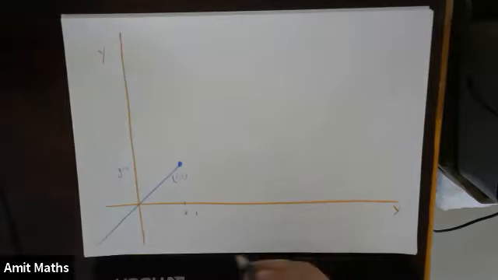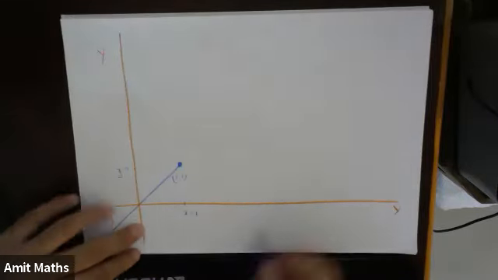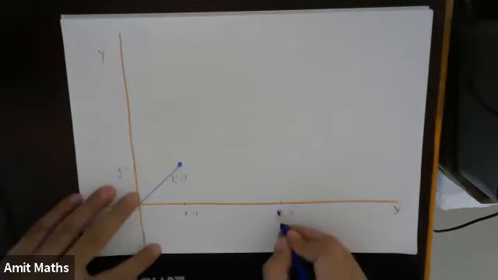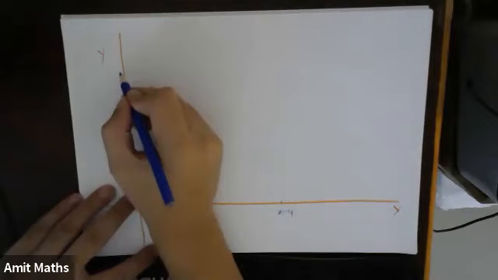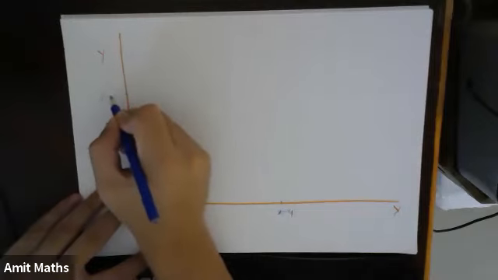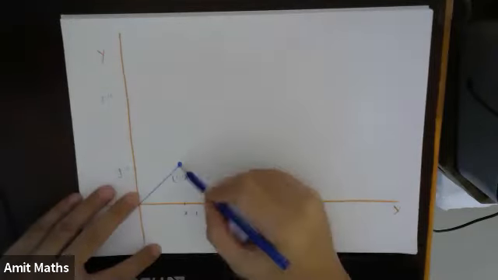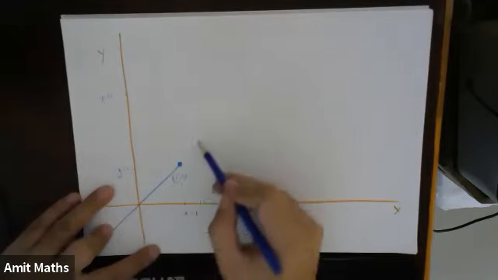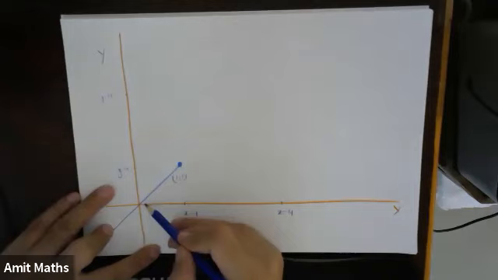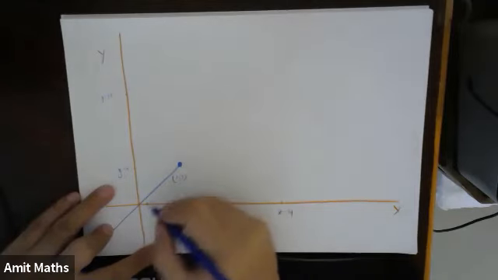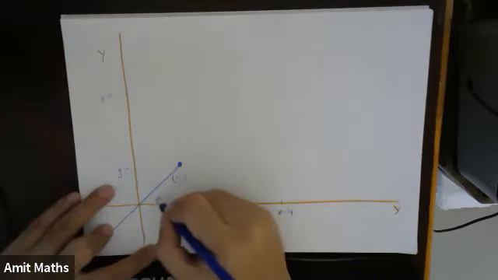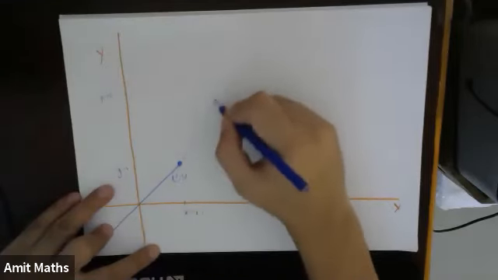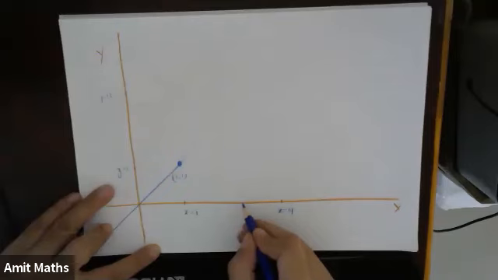Understood? So suppose x equals 4 is somewhere here, and y equals 16 is somewhere here. The graph of y equals x square is something like this. So let's take x equals 4 here.